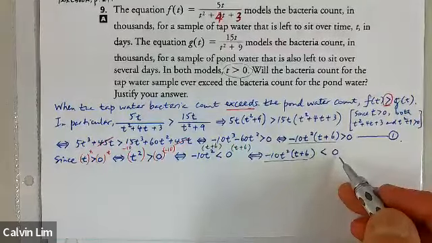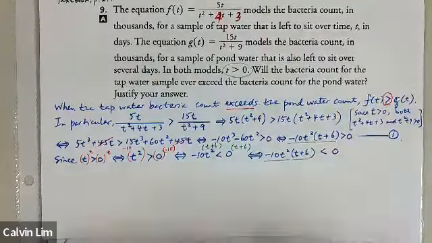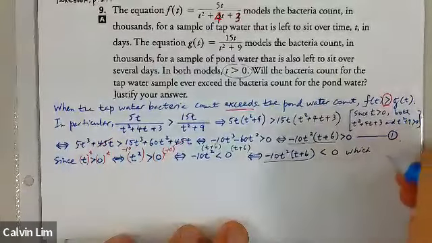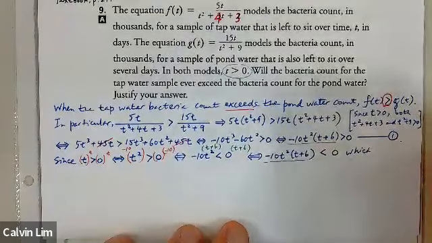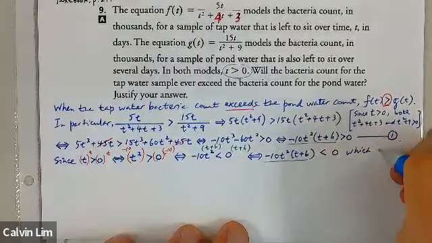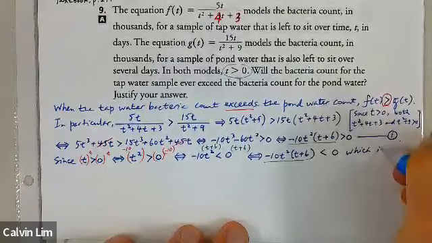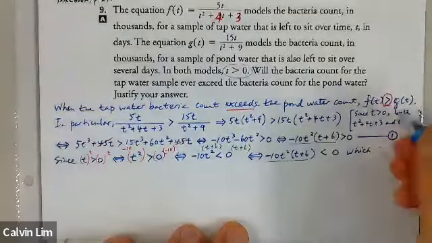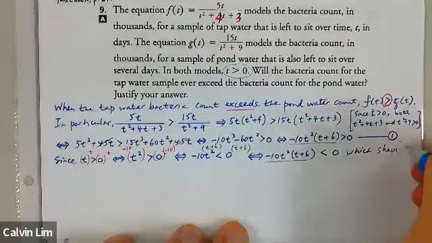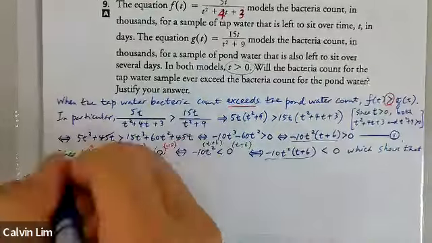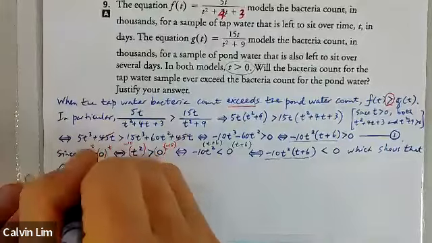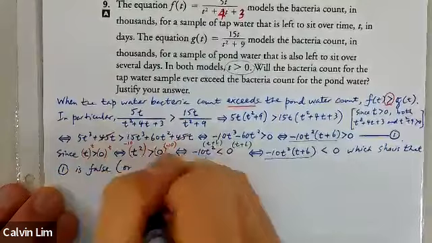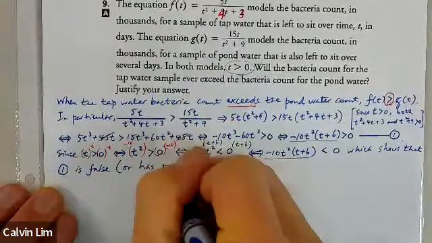So just write no solution, with a little phrase which shows that inequality 1 is false, or has no solution.